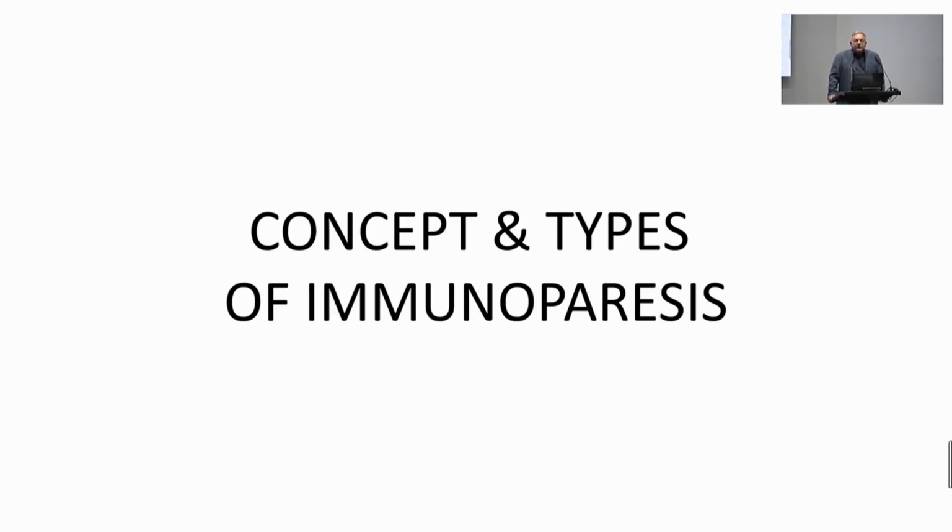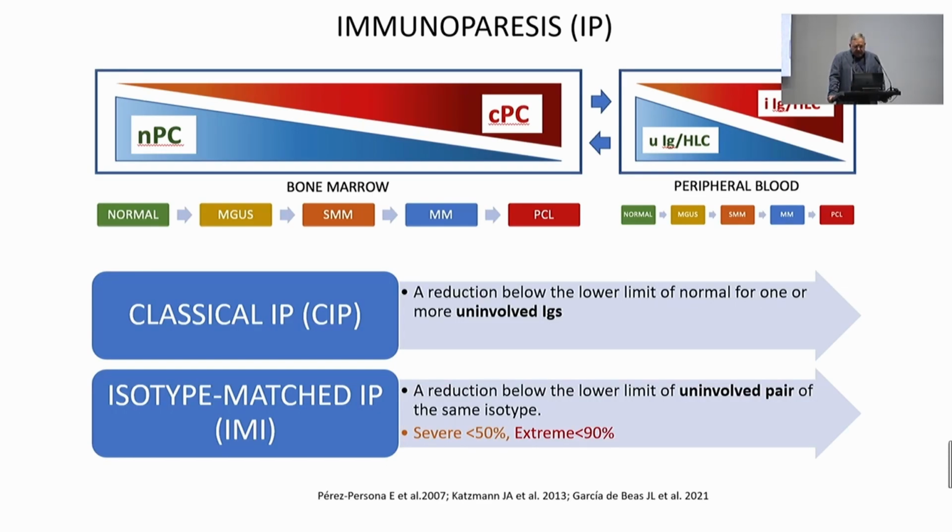We are coming to the core of this talk, which is the immunoparesis. We can measure the classical immunoparesis, which is a reduction below the lower limit of normal for one or more uninvolved immunoglobulins.